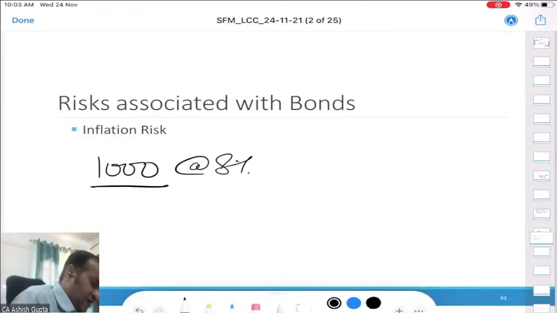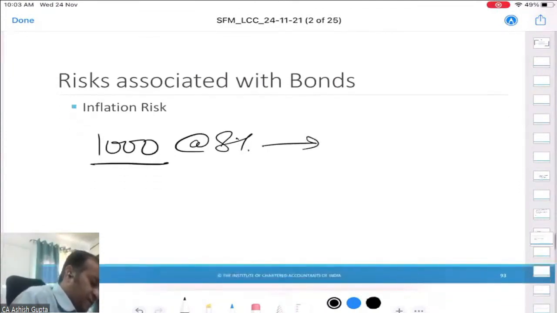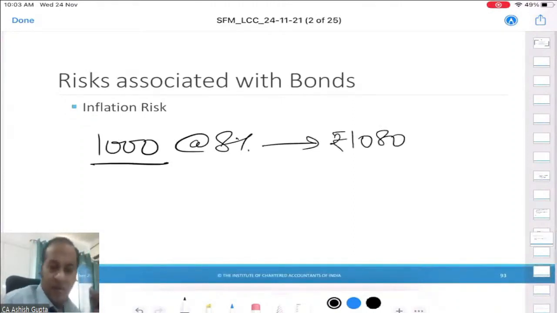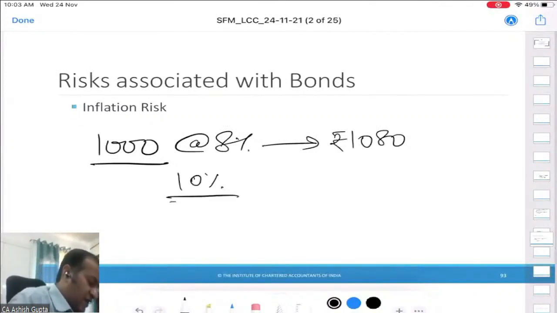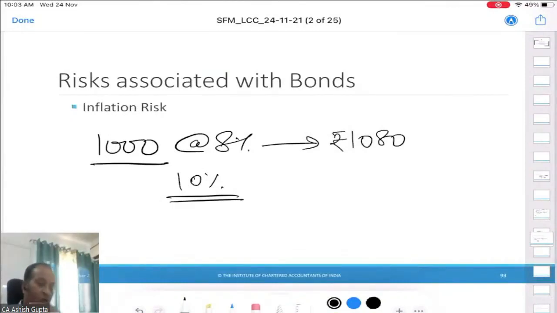Now, suppose you invest 1,000 rupees in an 8% bond. After 1 year, you will get 1080 rupees. Now suppose the inflation during the period is 10%. So what will happen?